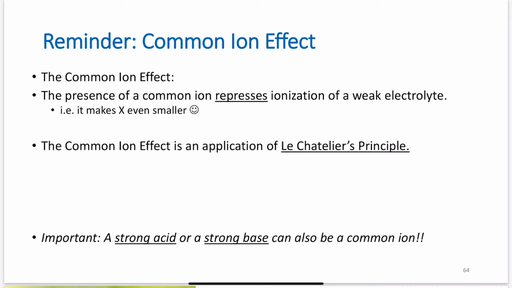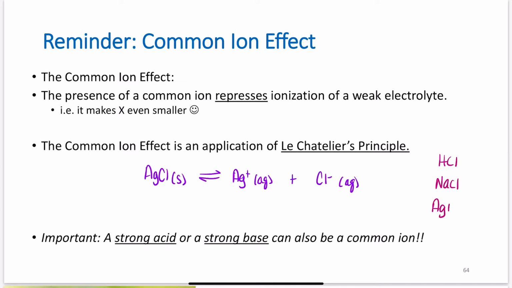of things. So, like I said, if I'm trying to dissolve silver chloride, if I added HCl to this, if I added sodium chloride to this, if I added silver nitrate to this, all of these are soluble, which means they split into their individual ions.